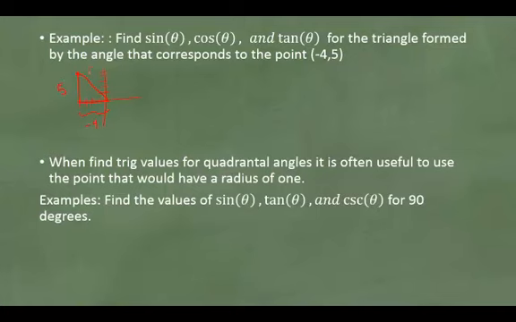We need to find r. r is equal to the square root of negative 4 squared plus 5 squared, or 16 plus 25, which is 41. The square root of 41.